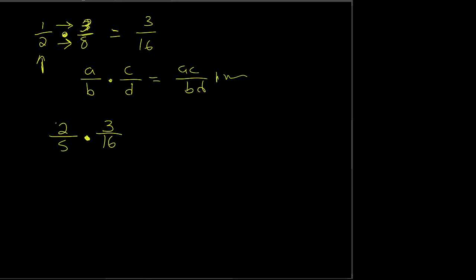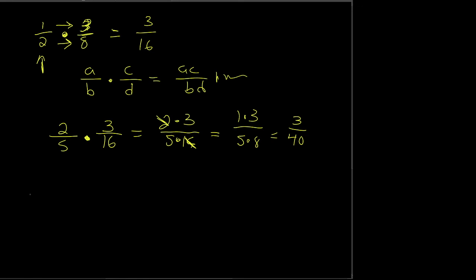I can look at this and go, well, when I'm all said and done, I'm going to have my 2 times 3 over top of my 5 times 16. But 16 and 2 are both divisible by 2. So I can turn that into 1 times 3 over 5 times 8, or 3/40. Where you do your simplification with multiplication doesn't matter. I try to do it first so I don't get such big numbers coming out of it.